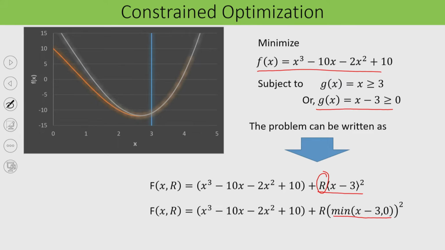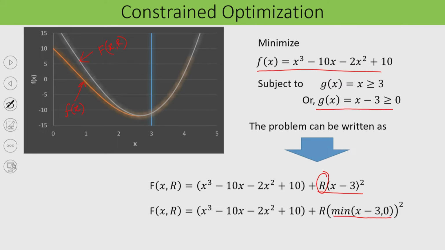If it is in the feasible region, then the min function will give you 0, and I am squaring it just to have a positive value, and then adding it to this particular function. If I plot it, this is your small f(x), and this is the transformed function, capital F(x, r).